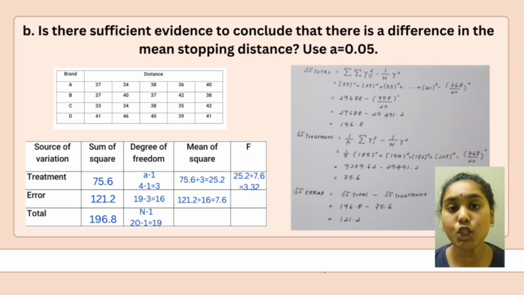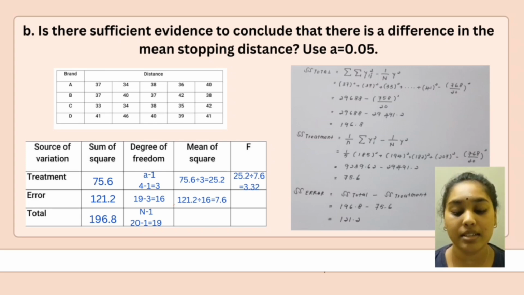The 5 distances are added, which gives brand A 185, brand B 194, brand C 182, and brand D 207. Each is put in brackets and squared, then we subtract 768 squared divided by 20, and we get 75.6.